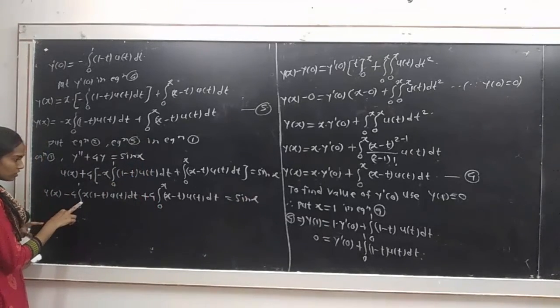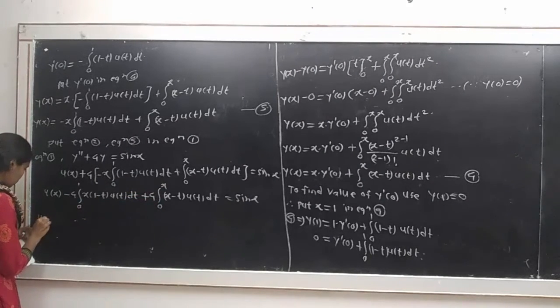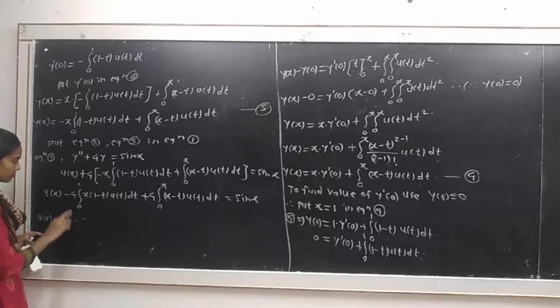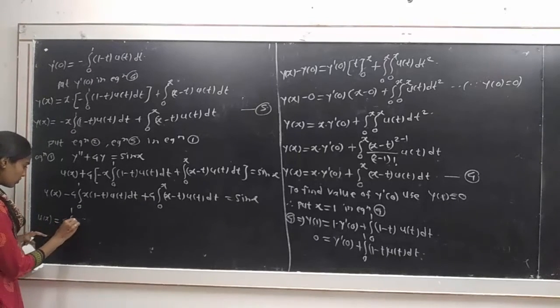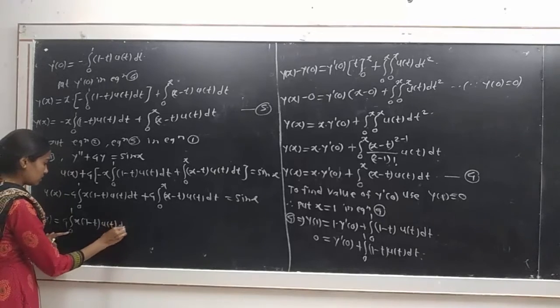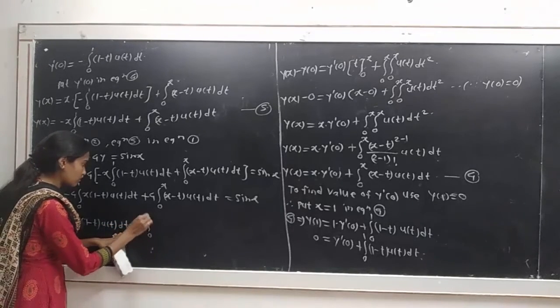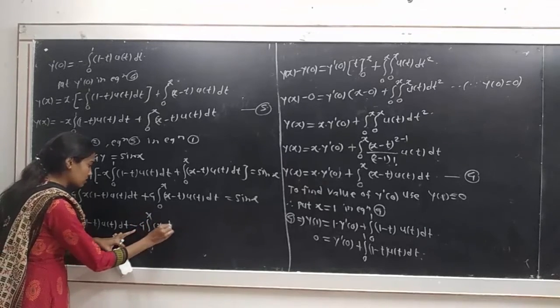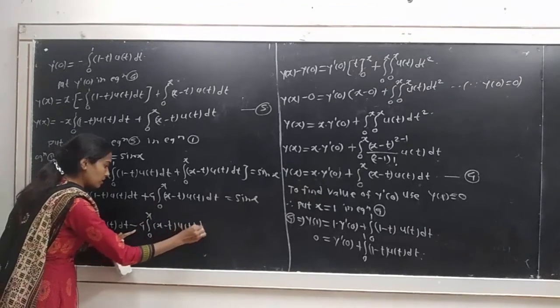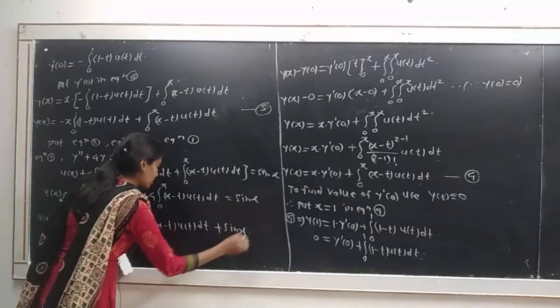Then we shift these two integrations on this side, we get u of x is equal to plus 4 integration from 0 to 1 x (1 minus t) u of t dt minus 4 integration from 0 to x of (x minus t) into u of t dt plus this sin x.